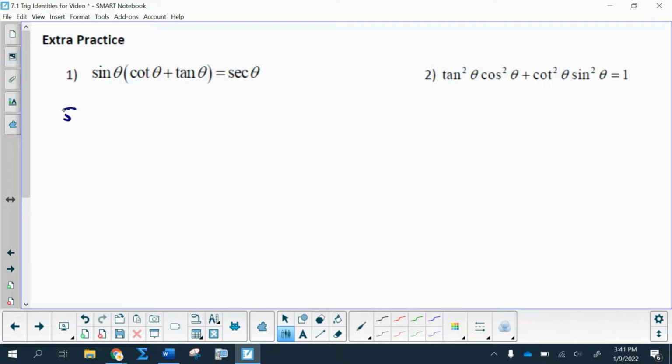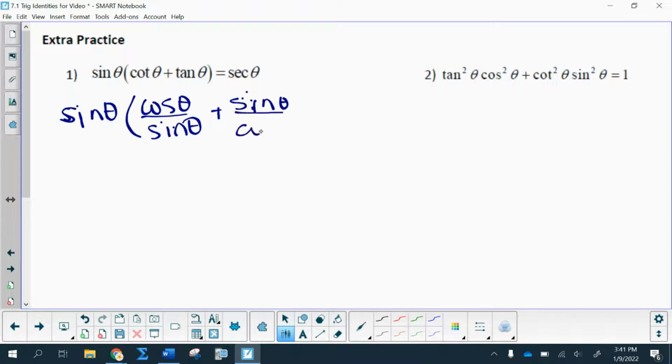So I'm going to rewrite cotangent as cosine over sine, and tangent as sine over cosine. And again, you only manipulate one side of the equation. So the right side is going to stay secant theta. Now I'm going to distribute.